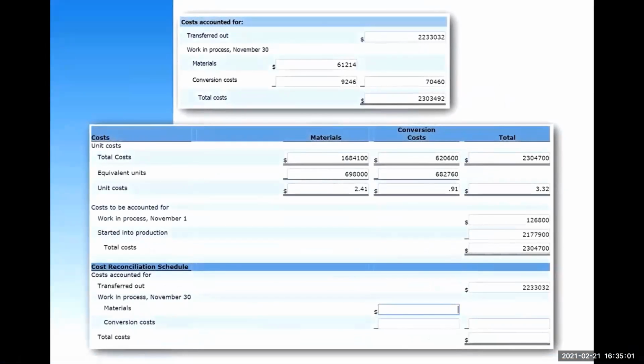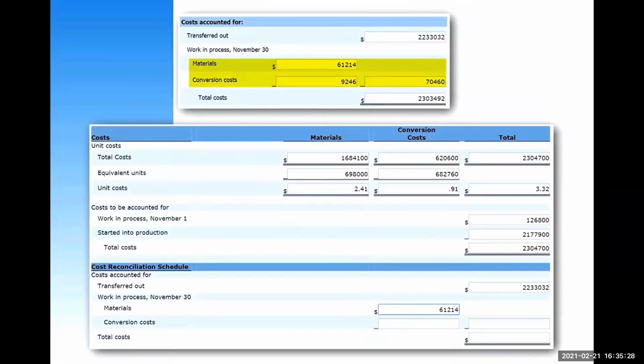Then, as you can see above, for the work in process, we broke it into two parts, the materials and the conversion costs. The materials, we took the number of units in work in process, which was 25,400, times the unit cost of 2.41, and that gave us the 61,214.